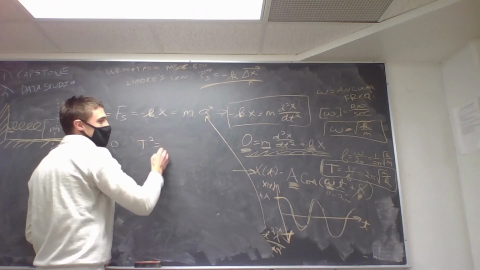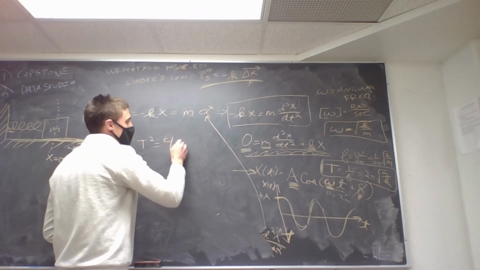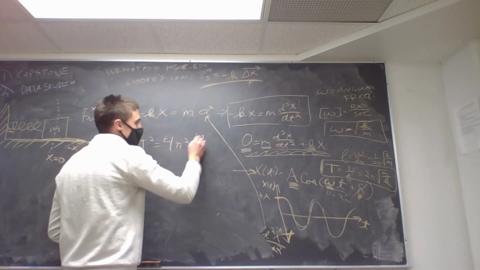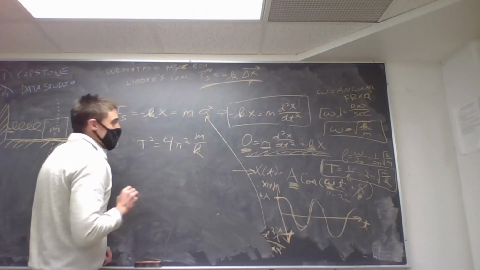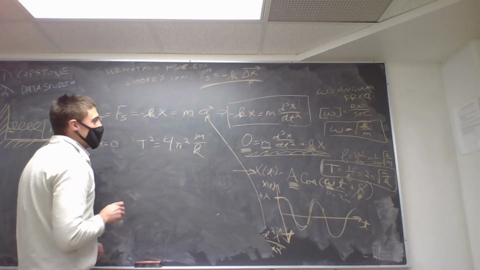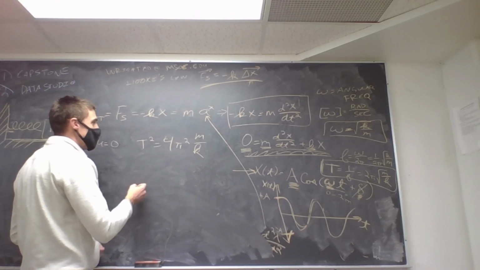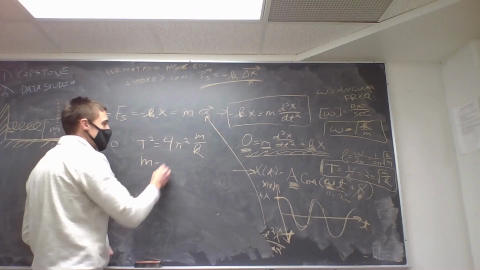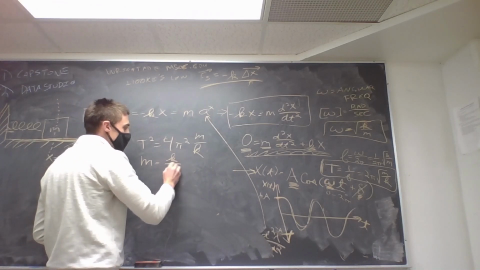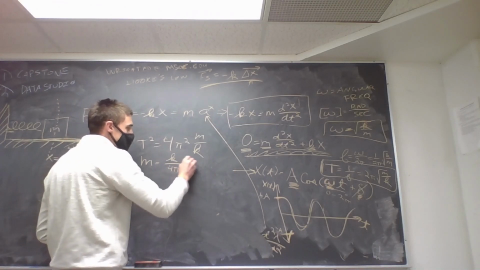T squared then is going to be equal to 4 pi squared m over k. And if I multiply both sides of this by k over 4 pi squared, I'll get that m is equal to k over 4 pi squared times T squared.